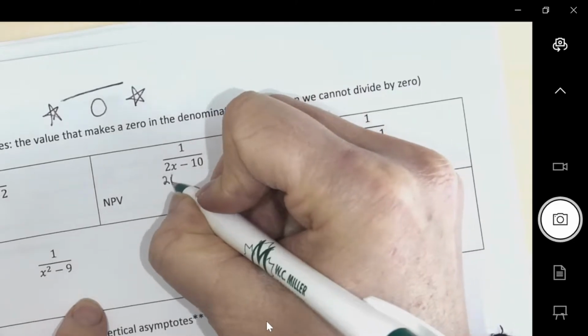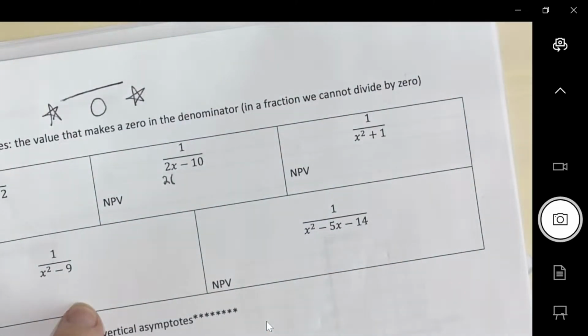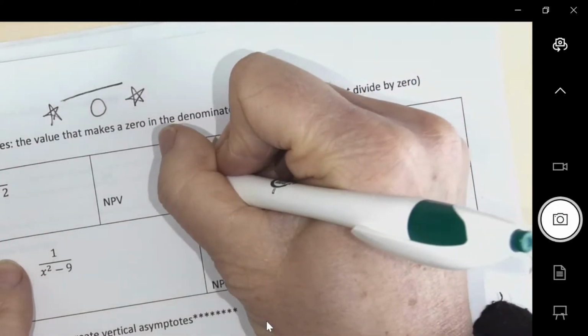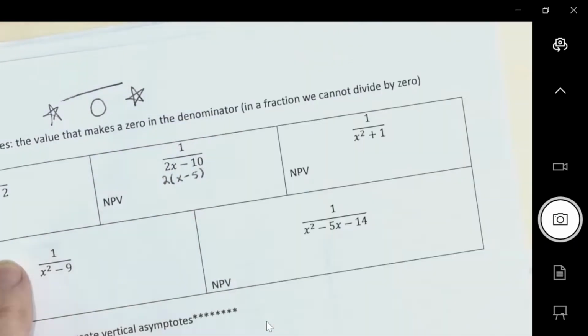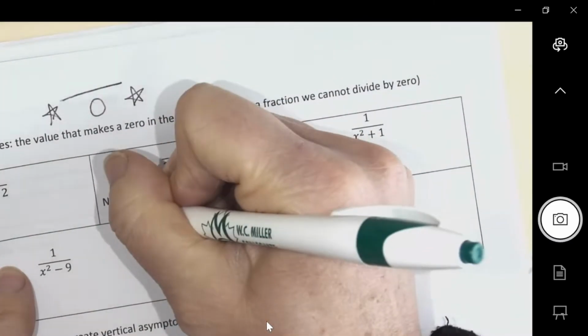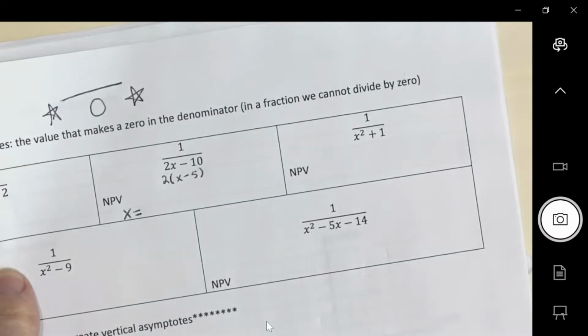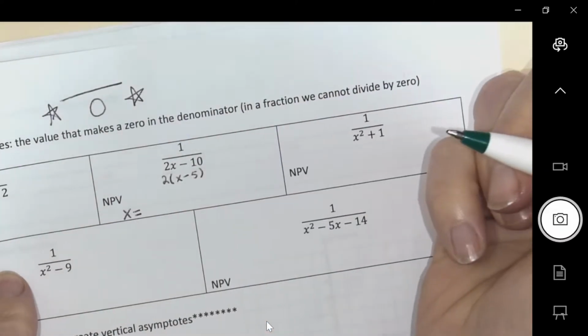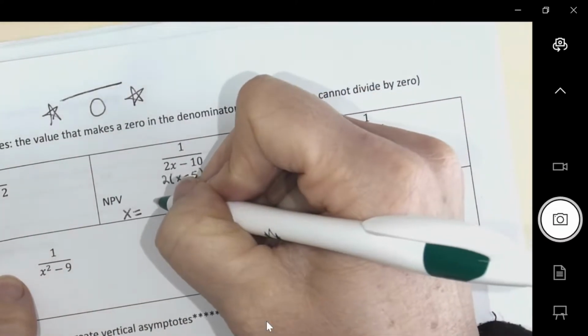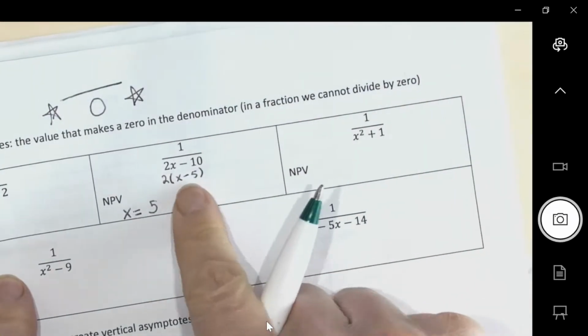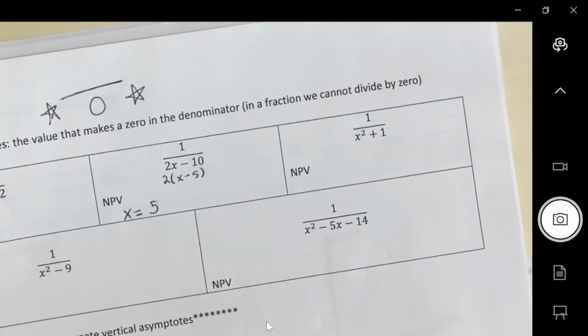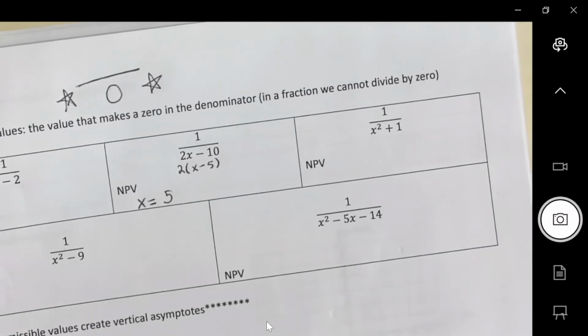Greatest common factor, I can go 2 out, and then it makes an X subtract 5. So now the non-permissible value is the X value of, do you see it now? A 5, right? 5 subtract 5 is 0.